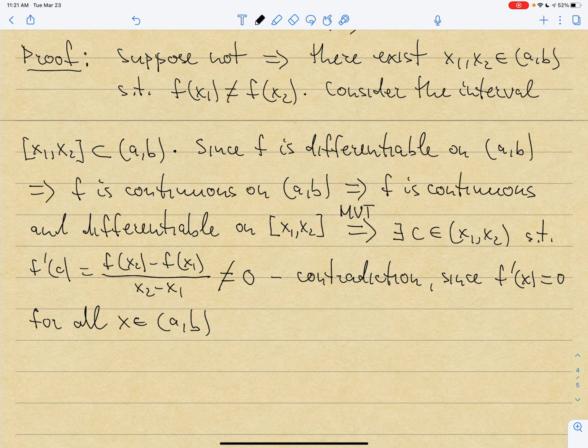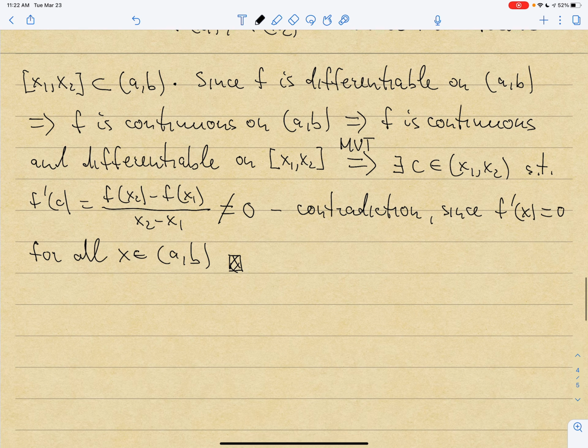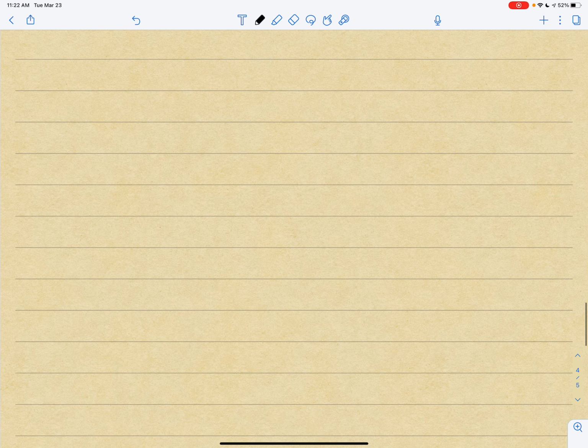And so therefore we're done. Because this means that f of x1 should be equal to f of x2, which means that f must be equal to a constant inside the interval (a, b). All right, so that would be consequence number 1.